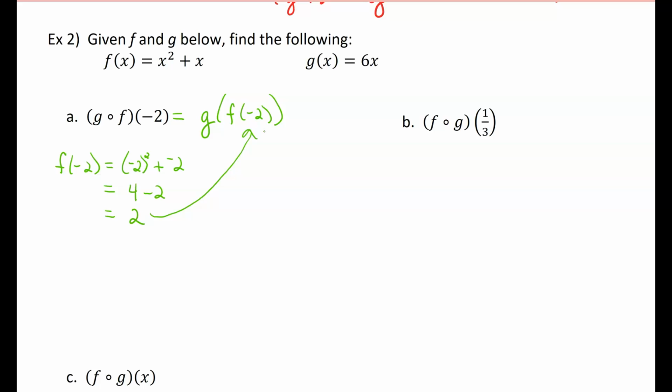So this becomes now g of 2, and now we're going to apply the function g. And g is 6x, so it becomes 6 times 2, equal to 12. All right. So g of f of negative 2 is equal to 12.